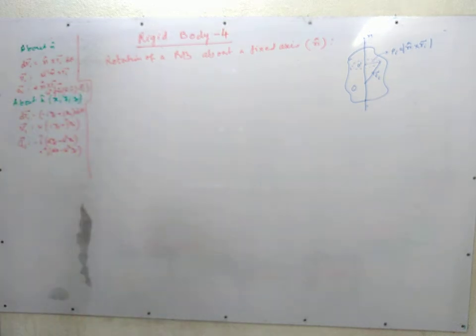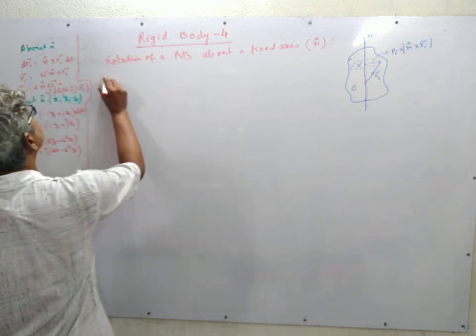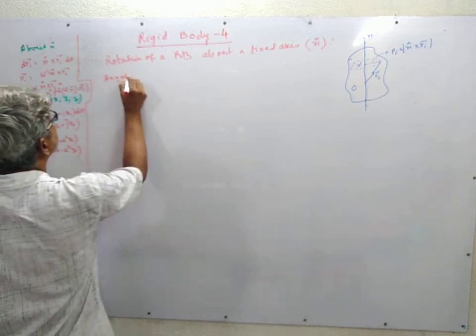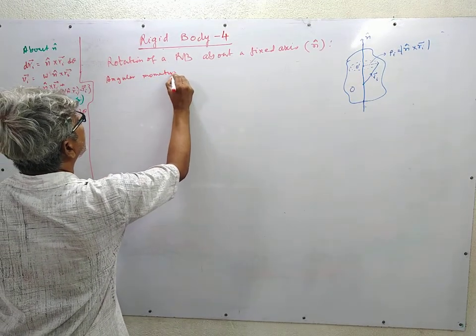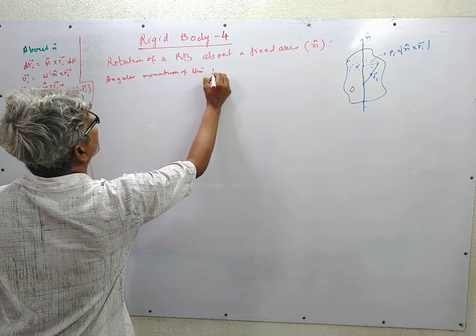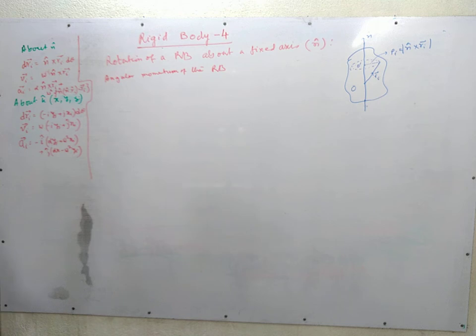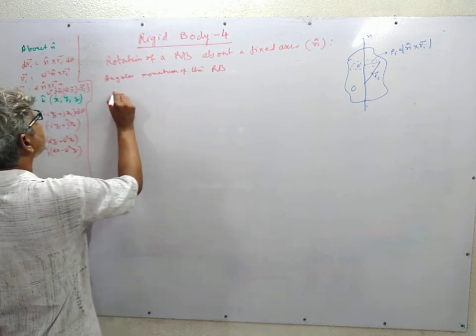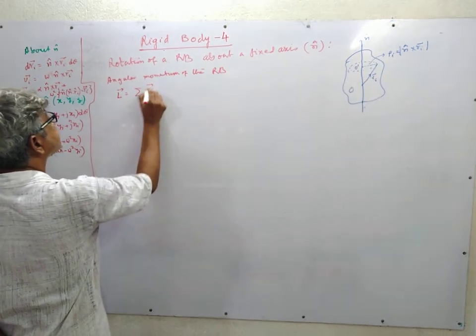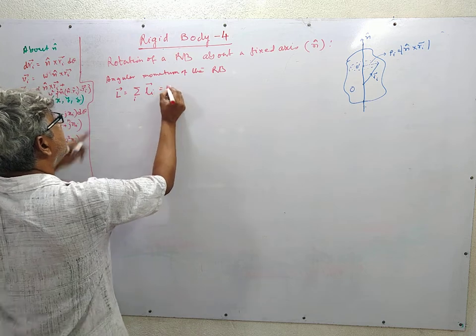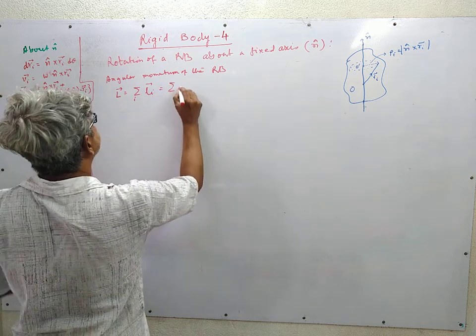This is the picture that we shall refer to in the derivation. So the first thing that we are interested in is the angular momentum of the rigid body when it is executing a rotation about a fixed axis.